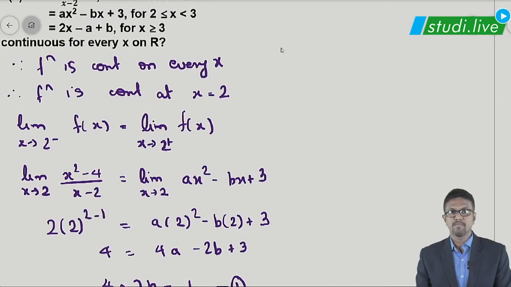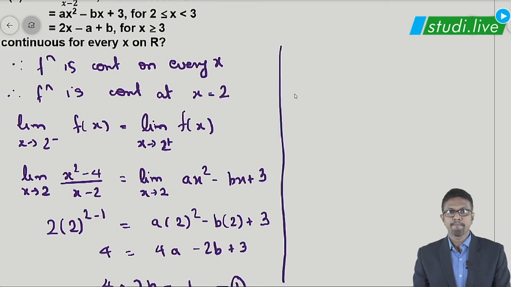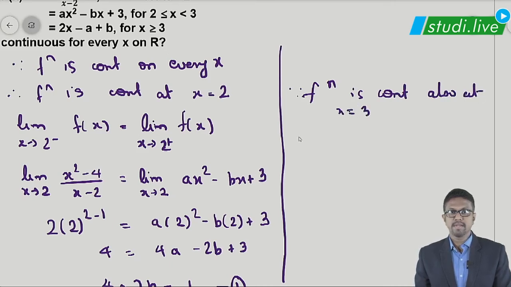Okay, so therefore, since the function is continuous also at x equal to 3, the limit when x tends to 3 minus f of x, that is where x is less than 3, is equal to the limit x tends to 3 plus f of x.